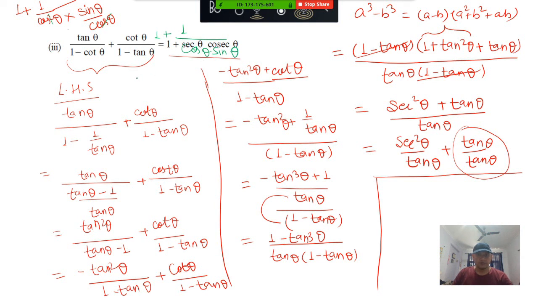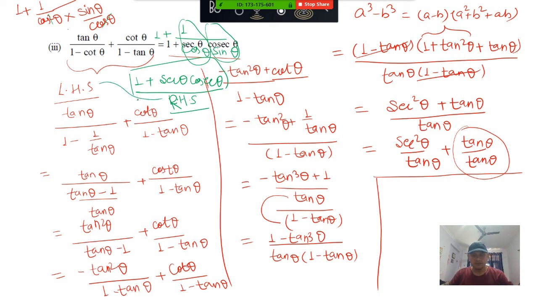So now you can see 1 upon cos theta will be sec theta, and 1 upon sine theta can be written as cosec theta. So that's what we have to prove. So this is our answer, equal to the right hand side. We started from LHS and reached the right hand side.